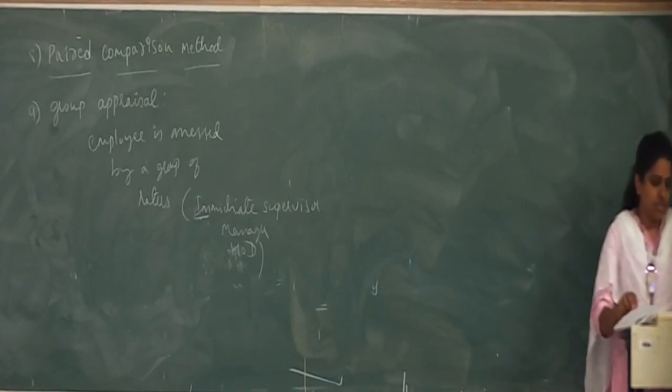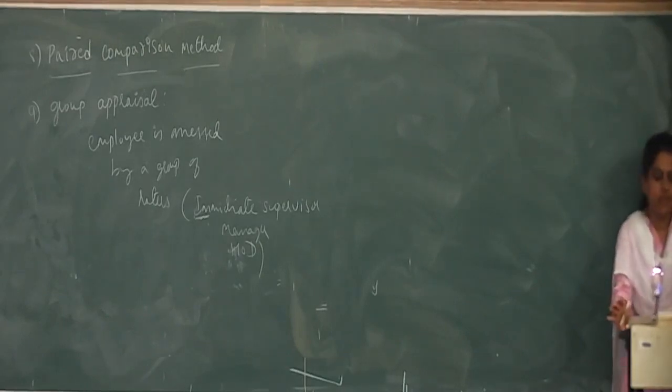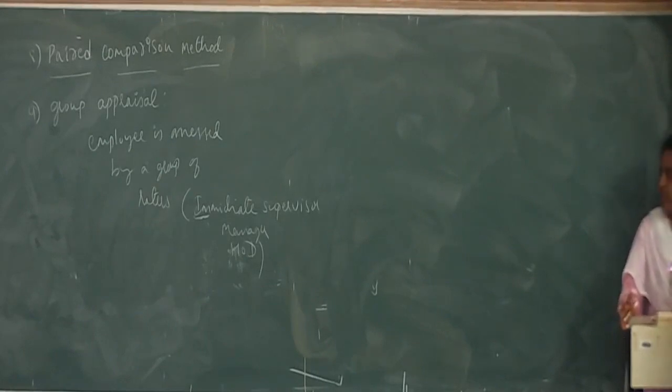So I'll just read out the various methods we have covered in these classes. Okay, so first we discussed rating scales, then checklist, forced choice method, and next the forced distribution method, essay or free form appraisal, confidential reports, paired comparison method, and group appraisal. Okay, so these are the traditional methods.